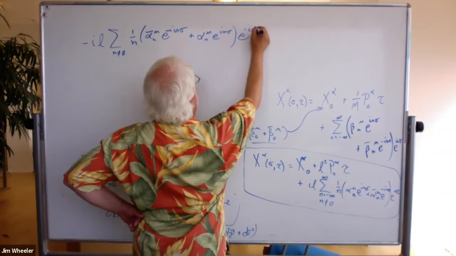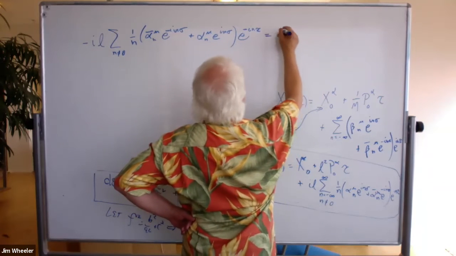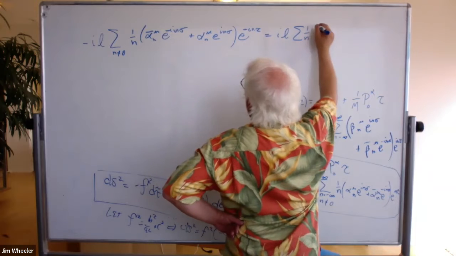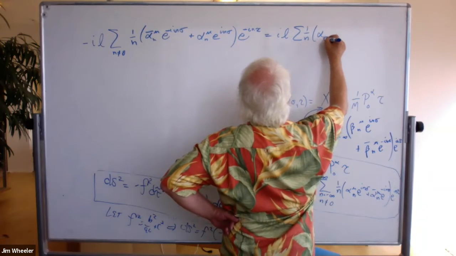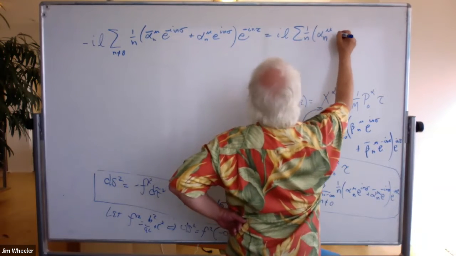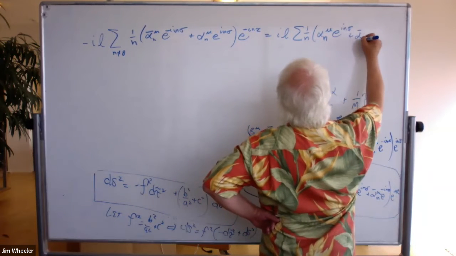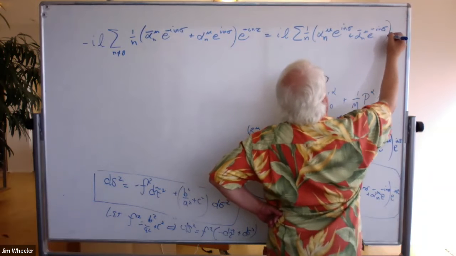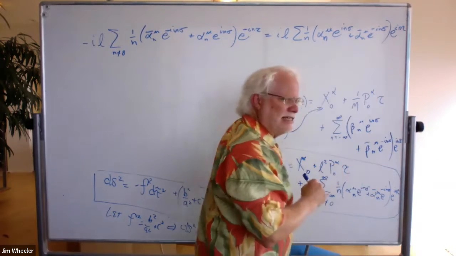Minus i n tau has to be equal to i L sum 1 over n, alpha n mu e to the i n sigma plus alpha bar n mu e to the minus i n sigma, e to the i n tau.